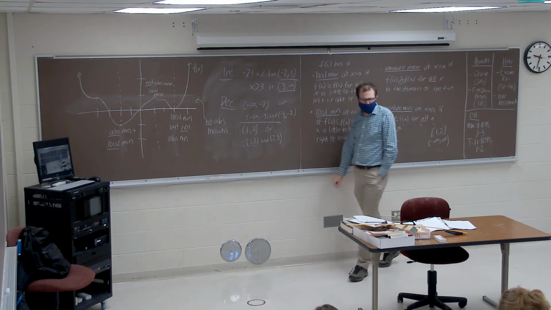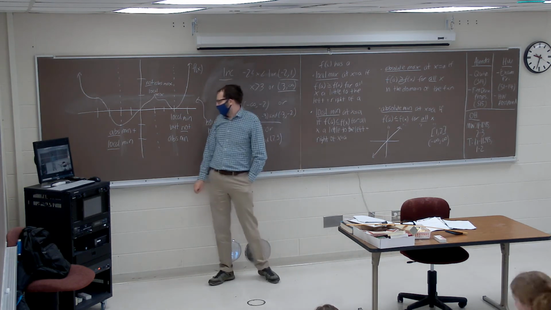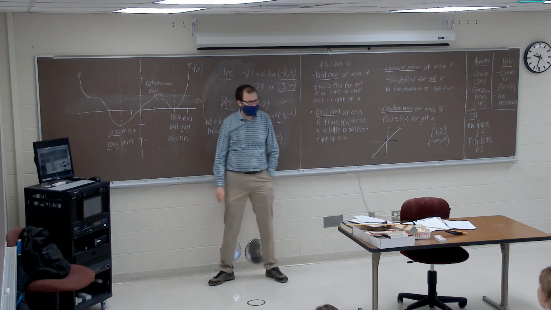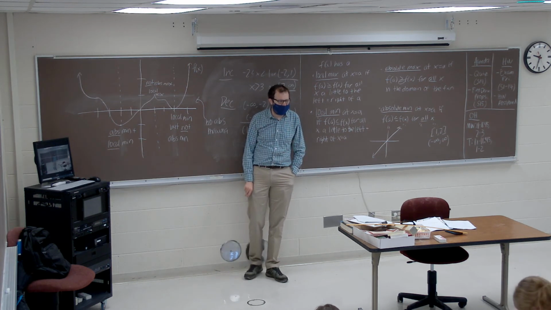What's going on with f prime of x at our two local minima? At x equals -2 and at x equals 3. I think f prime is doing something similar at those 2 points.